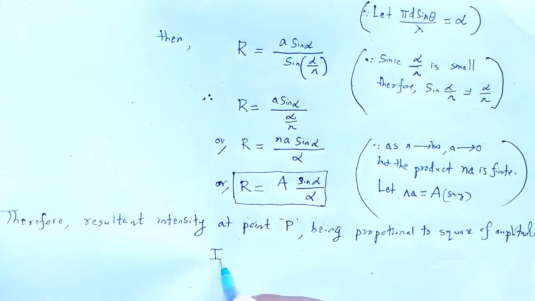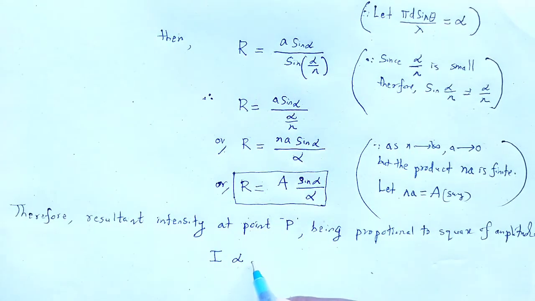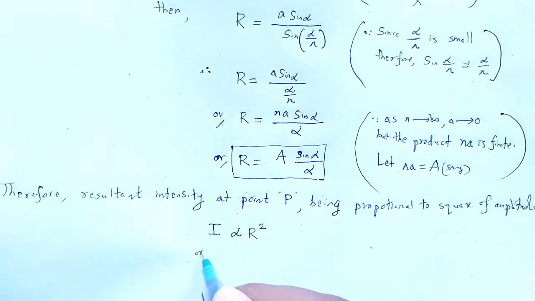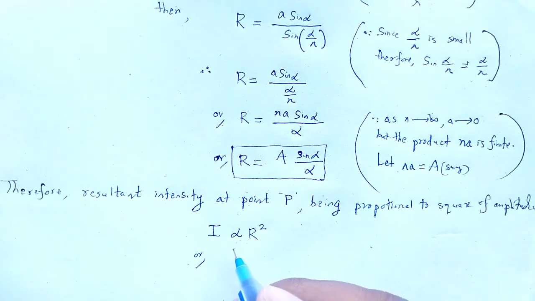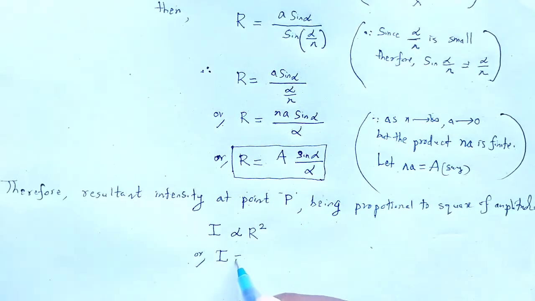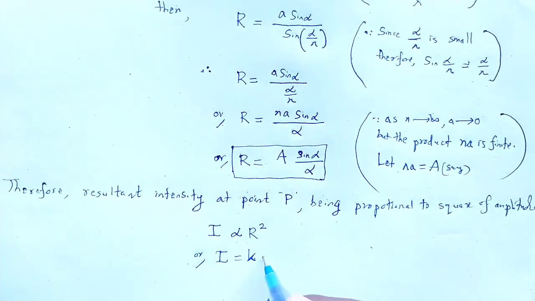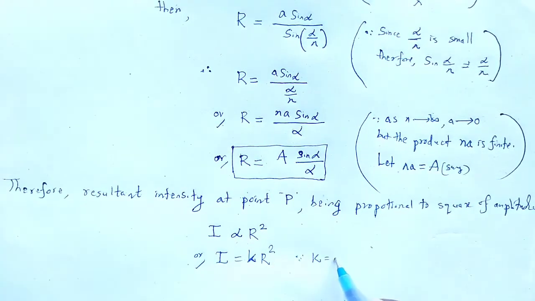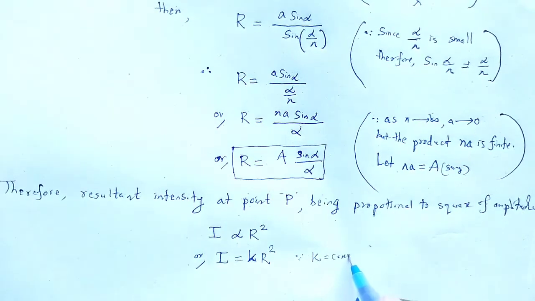The resultant intensity I is directly proportional to the square of the resultant amplitude R square. Removing that proportionality, we use a proportionality constant. So I is equal to K R square, where K is the constant of proportionality.